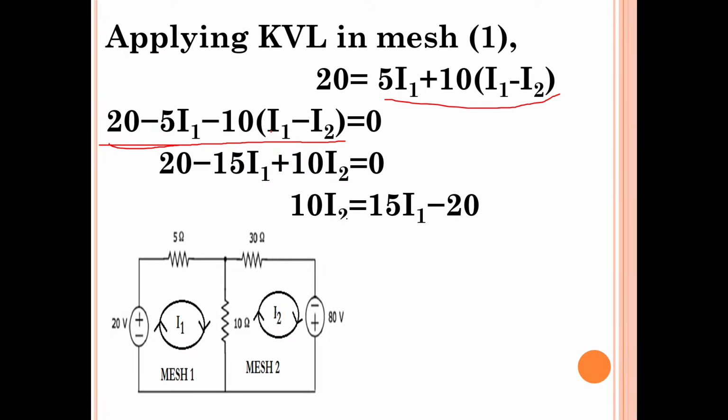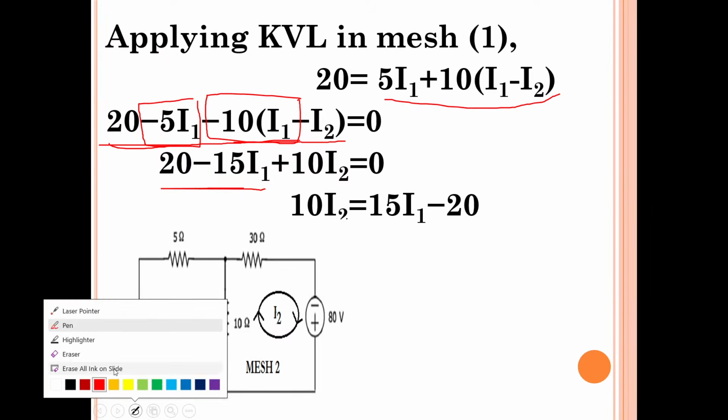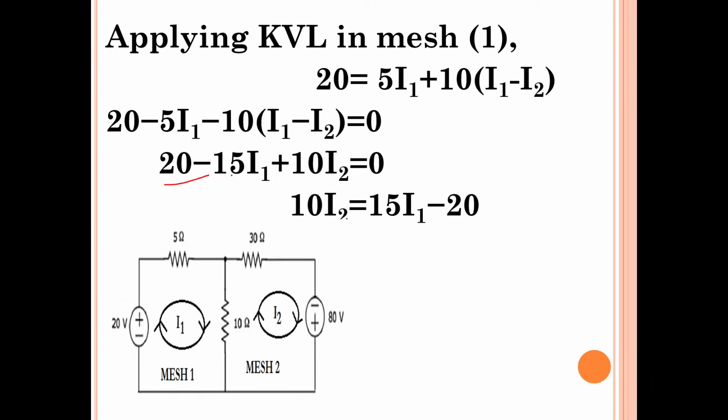I have shifted right side terms to left side. After that I have expanded this: minus 10 I1 and plus 10 I2 it will become. So minus 10 I1 minus 5 I1 is nothing but minus 15 I1. So 20 minus 15 I1 plus 10 I2 equal to 0.